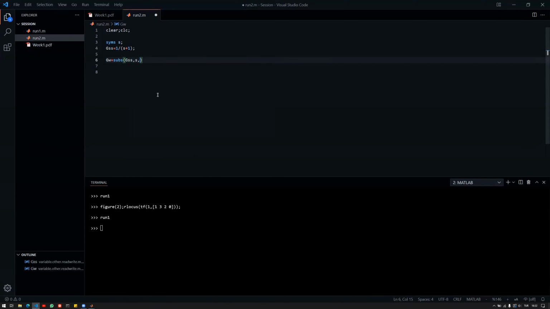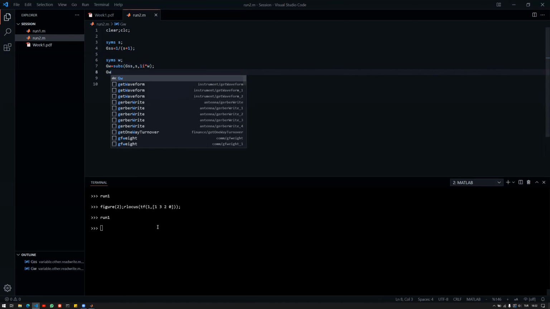This is the Laplace domain variable, and I want to plug in j omega, or in this case, 1i times omega. You can also do omega times i, but I'd like to stick to this, because 1i is explicitly talking about the square root of minus 1, or the imaginary number j or i. So 1i times omega. But therefore, we need to define omega, because omega is, again, a symbolic variable. Now, if I do this, I get the following.